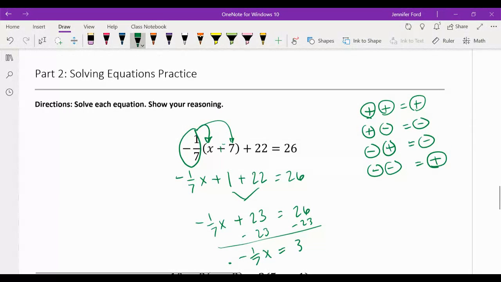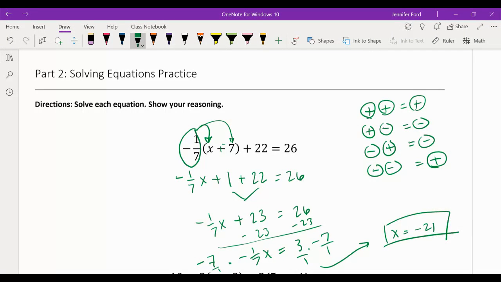I want to get to 1, so I'm going to multiply both sides by negative 7 over 1. I'm out of space, so I'm going to go over here. X equals negative 21. Did you get the same answer as me? I hope so. If you didn't, do you see your mistake? What was your mistake?